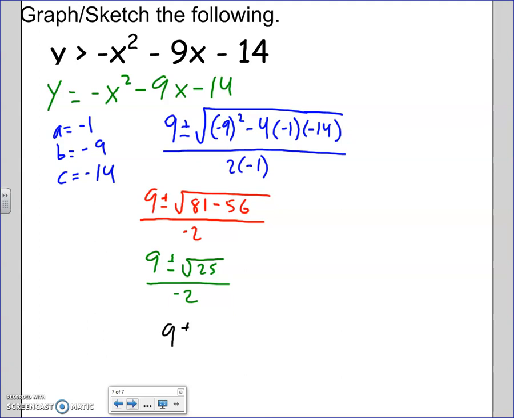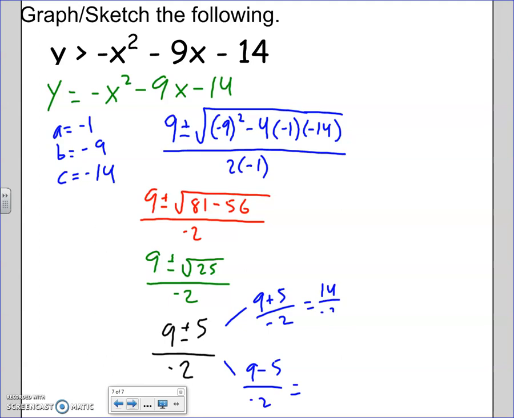So I'm going to square root that. I get 5 over negative 2. I do the 2 problems. 9 plus 5 over negative 2. Then 9 minus 5 over negative 2. So that's going to be 14 over negative 2, which is negative 7. And this will be 4 over negative 2, which is negative 2. All right, I found my two roots.